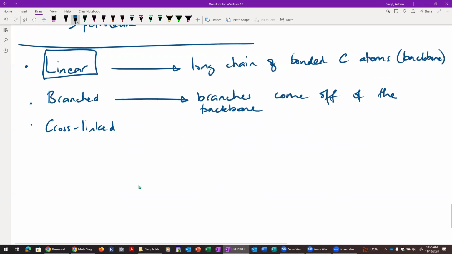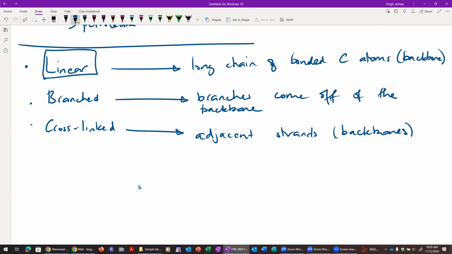And then we have cross-linked polymers, where adjacent strands, adjacent meaning nearby, or adjacent backbones, if you will, are cross-linked, which just means chemically bonded via those cross-links.